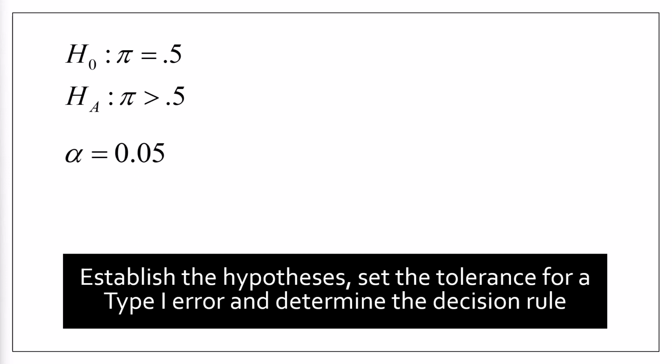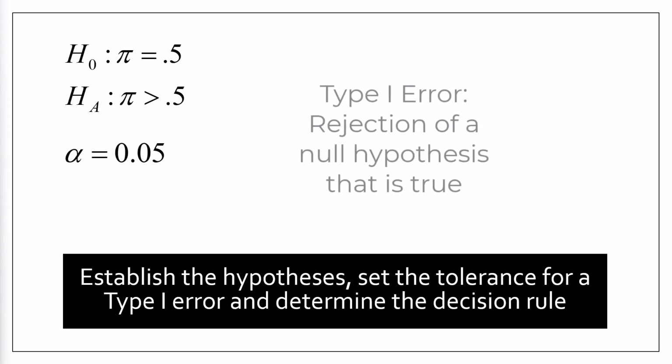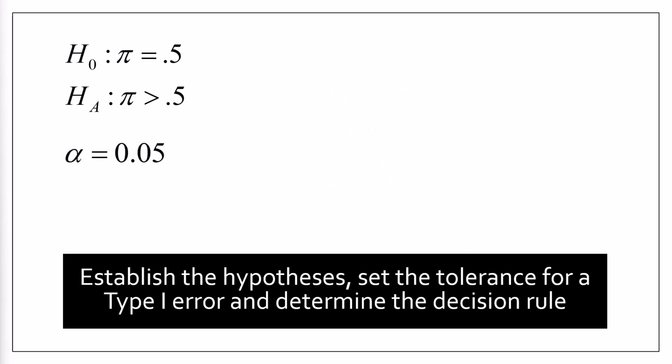We set alpha, our nominal type 1 error rate, meaning the maximum allowable type 1 error, the maximum tolerance I have for a type 1 error. And remember, a type 1 error means rejecting a null hypothesis when we should not. And that's considered a serious error because it leads us to say things like the treatment works when it doesn't. And then we determine the decision rule.